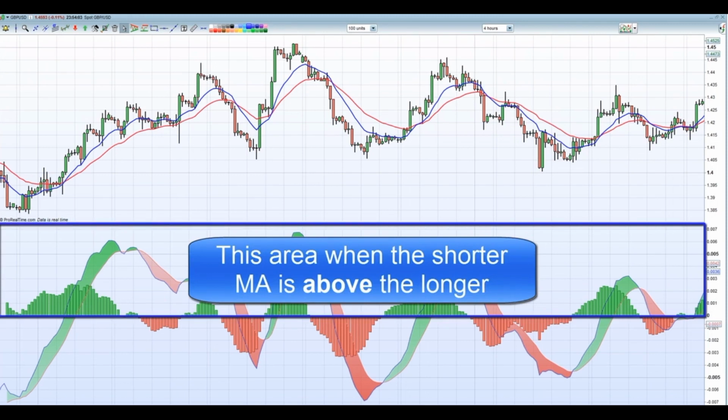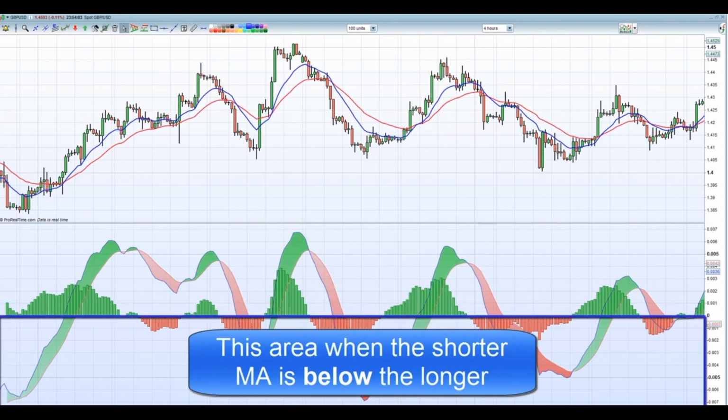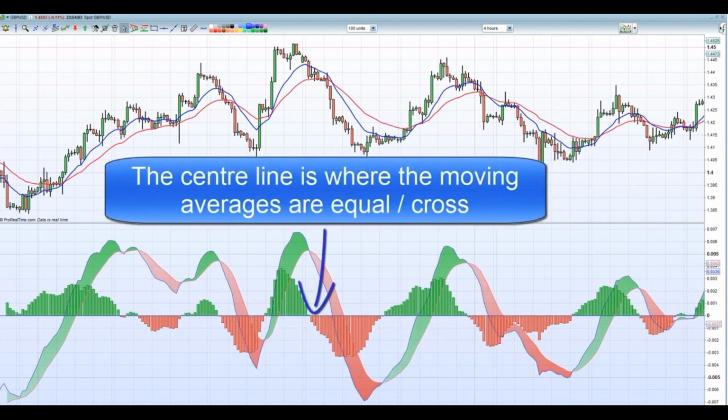When the shorter-term moving average is above the longer-term moving average, this area of the indicator will show activity. When the shorter-term moving average is below the longer-term moving average, this area of the indicator will show activity.